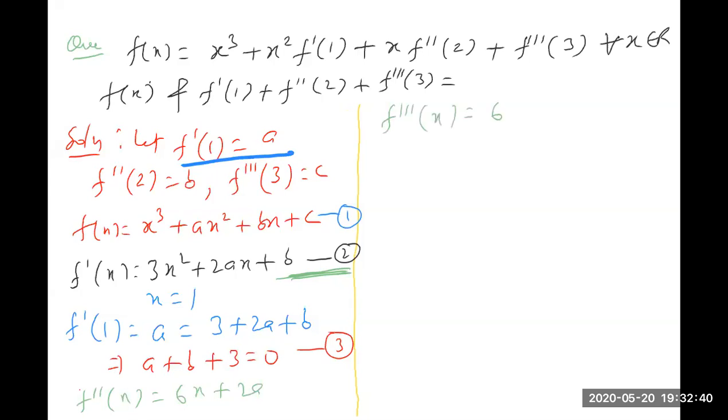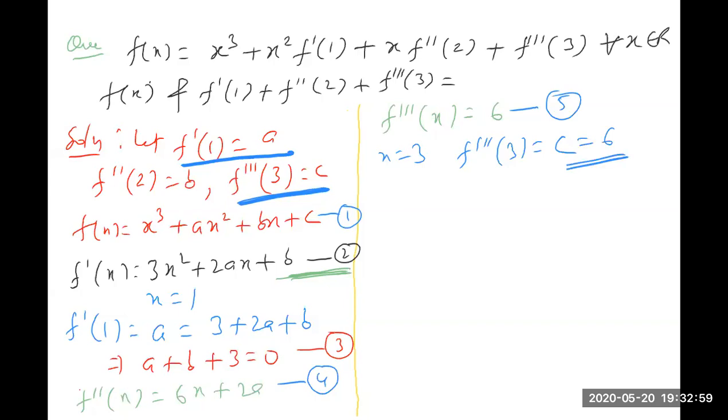So this is equation number 4 and this is equation number 5. So put x equal to 3 here, f triple dash 3 is equal to c. Why am I putting x equal to 3? Because I know f triple dash 3 is equal to c is equal to 6. So from here I got the value of c. c is equal to 6.